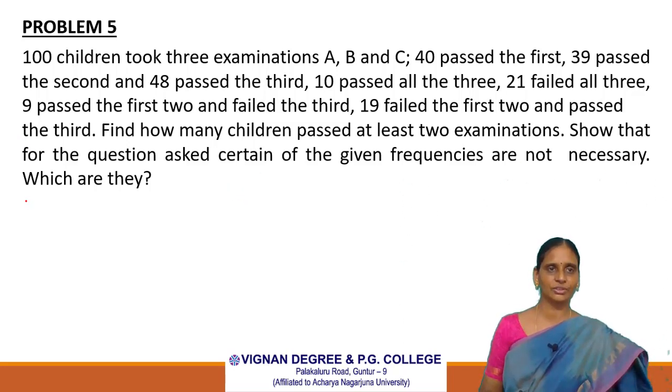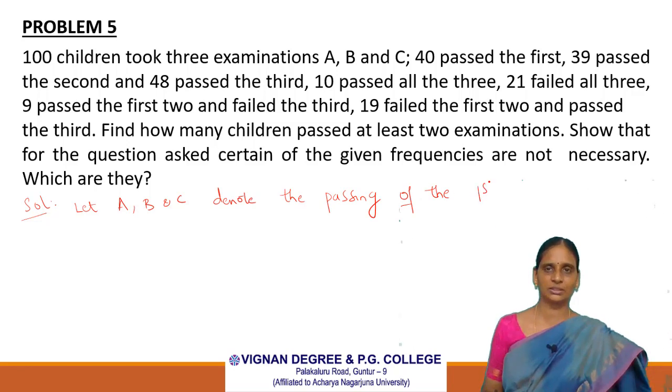Now the solution of this problem is as follows. First we have denoted the attributes A, B and C. So this denotes the passing of the first, second and third examinations respectively.